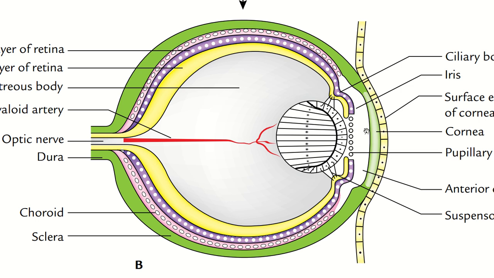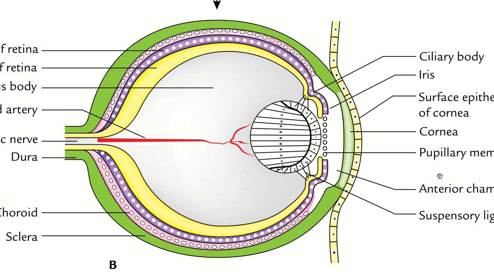The anterior epithelia of this loose mesenchyme will form the endothelium of the cornea, the endothelium of the cornea. And then the posterior layer of the mesenchyme will form what's called the iridocorneal membrane, which is also called the papillary membrane, right here. So this papillary membrane will later obliterate.